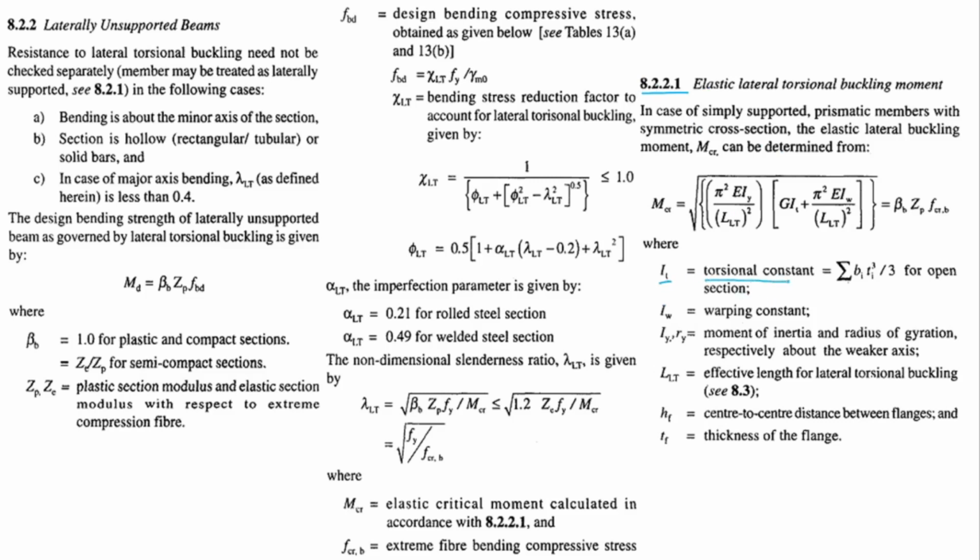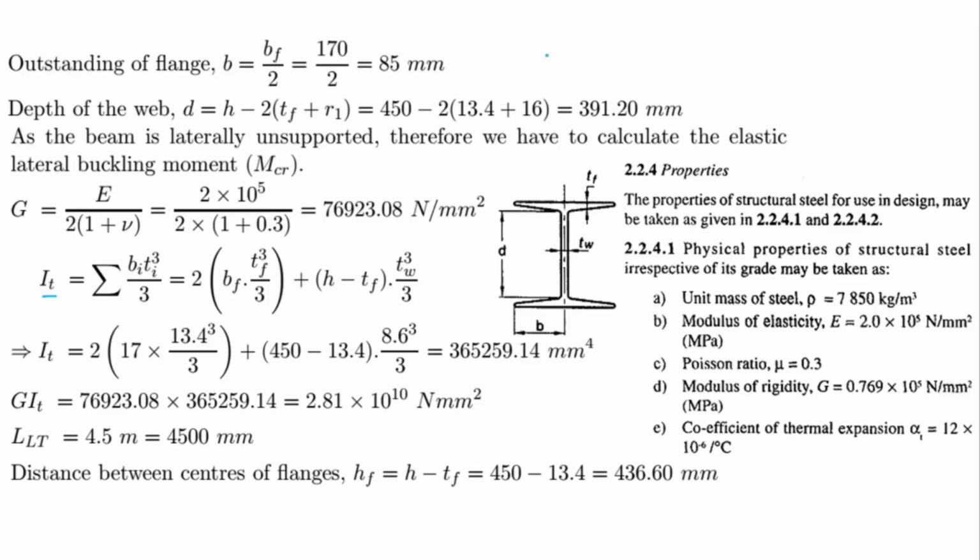It is a torsional constant and it is equal to summation of Bi Ti cube by 3 for open section. For the flange, Bi is the breadth of the flange BF and Ti will be the thickness of flange TF. So BF into TF cube by 3 for one flange.